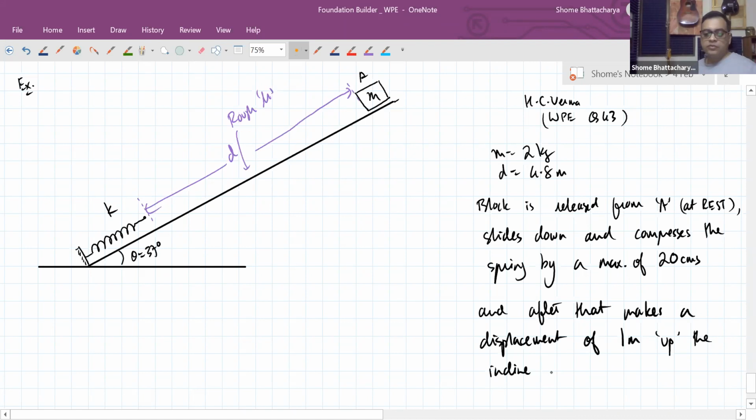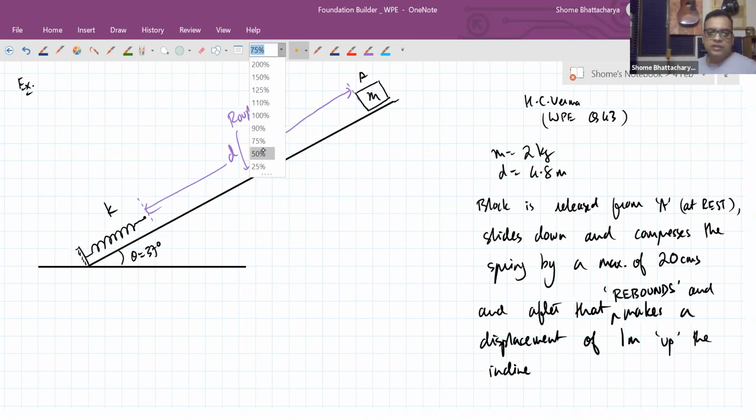So basically, it sort of rebounds up the incline after. So it rebounds off the spring and makes a displacement of 1 meter up the incline.